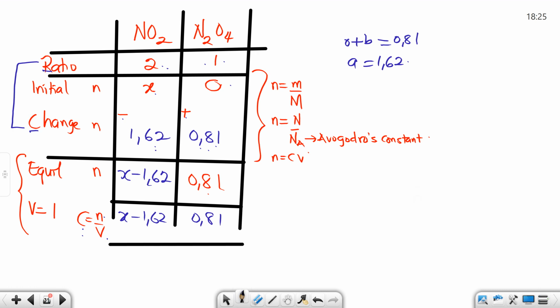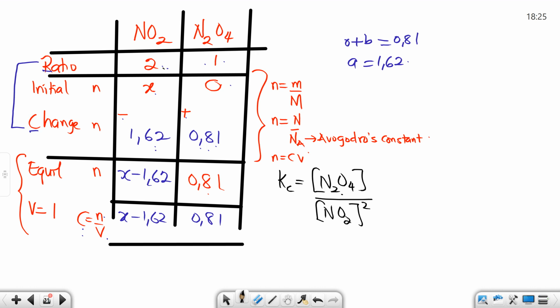Now, what is the Kc expression here? Kc equals to concentration of what? N2O4 over what? NO2. But there must be a square there. You know where that 2 comes from, right? And please take note, if it was a solid, this one will be replaced with 1.